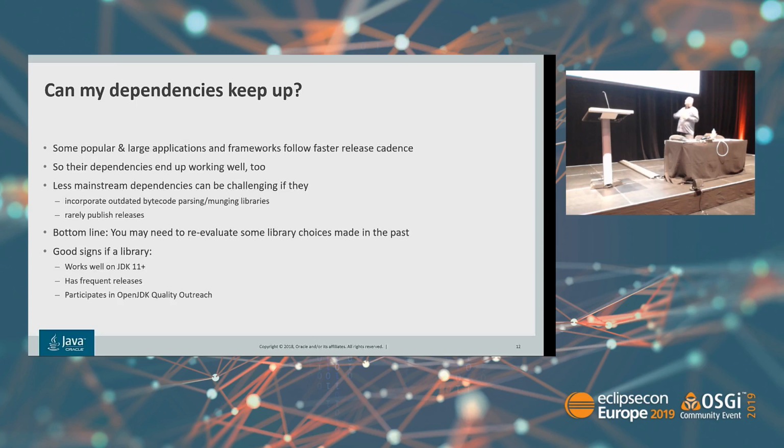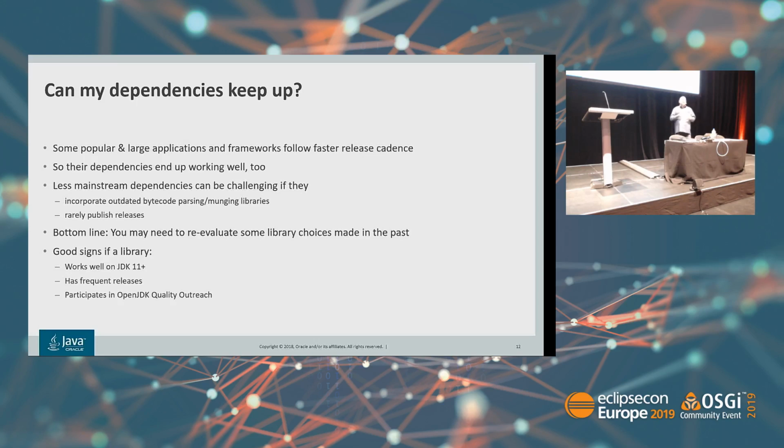And so that means if you rely on a tool or a library that somehow munges bytecode or does something fascinating there, it too needs to be able to update its bytecode reading or writing functionality every 6 months to be able to generate corresponding bytecode for the latest version, or to read it. And that can be problematic if the library you rely on doesn't get updates often enough.